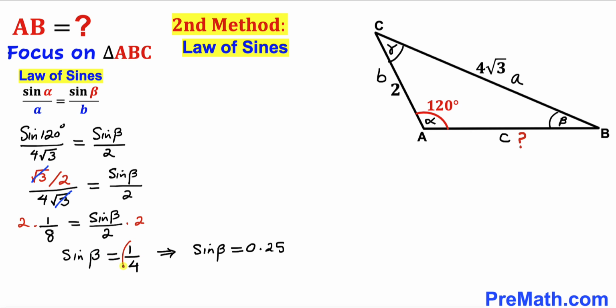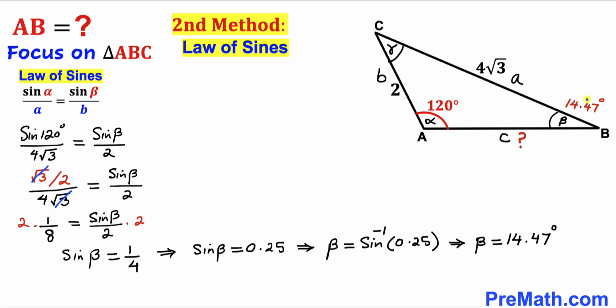And we know 1 divided by 4 is the same as 0.25. So therefore our angle beta is going to be equal to sine inverse of 0.25. So therefore our angle beta turns out to be 14.47 degrees.